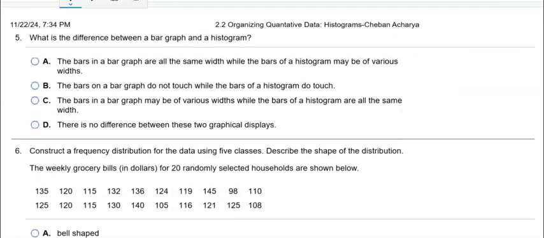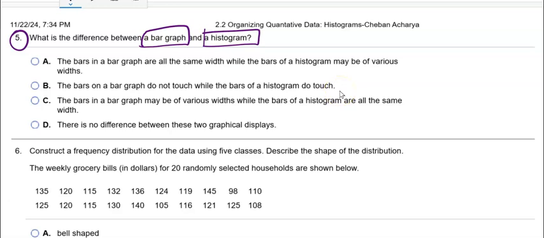Question number 5. This is a definition question. What's the difference between a bar graph and a histogram? Remember that bar graph, we had this in the last section 2.1, and histogram is here. What's the difference? Again, this is a definition question, and the answer for this question is B. The bars on the bar graph do not touch, while the bars on a histogram do touch.